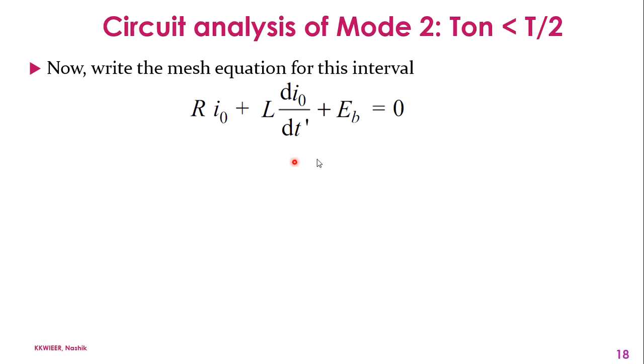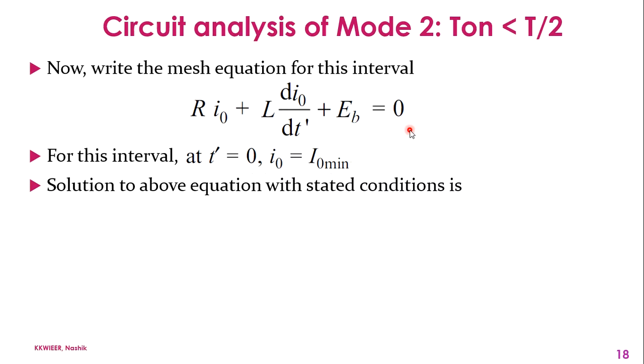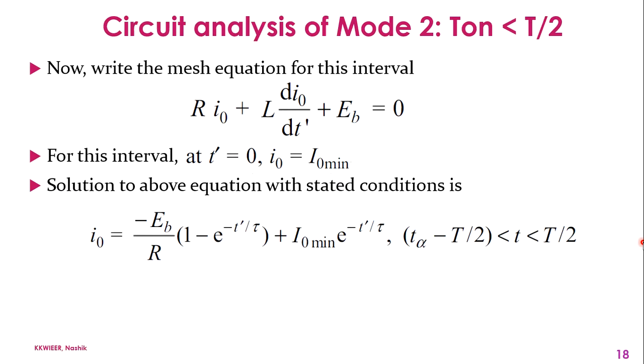The similar equation, that is the voltage across the load resistor, inductor and back voltage source EB. For this interval at T dash is equal to 0, the I0 will be I0 min. So the solution of this above equation with the stated conditions will be given as this expression I0 is equal to this, and this is for the interval T ranging from T alpha minus T by 2 to T by 2.